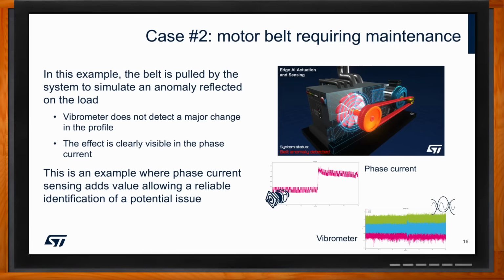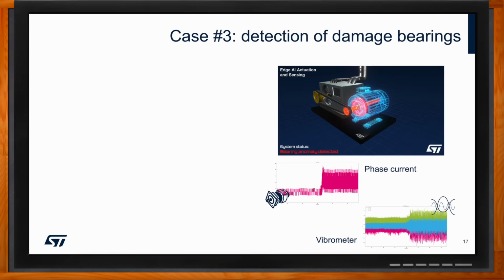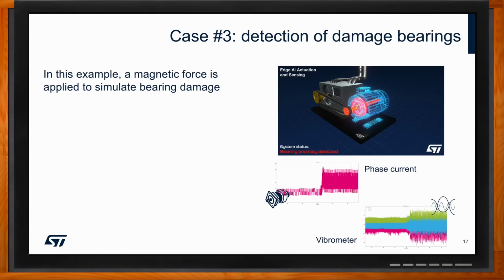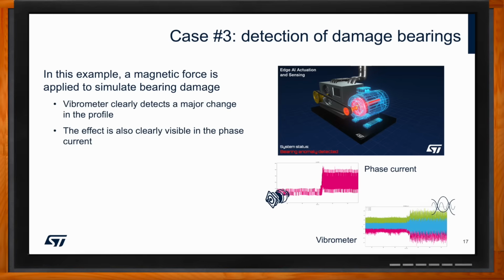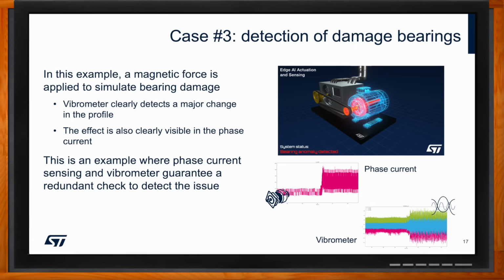On case number 3, we see another event that we may call an unbalanced load, maybe caused, for example, by a damaged ball bearing or some similar event. In this case, because of the imbalance, we see some level of anomalous vibration both in the phase current and in the vibration sensor, in the external vibration MEMS sensor.